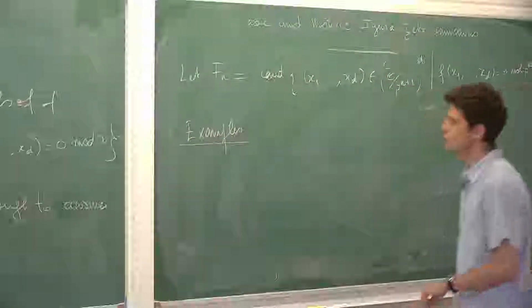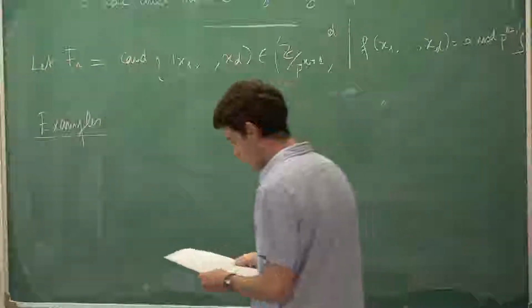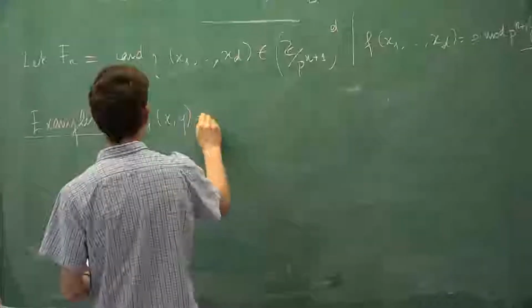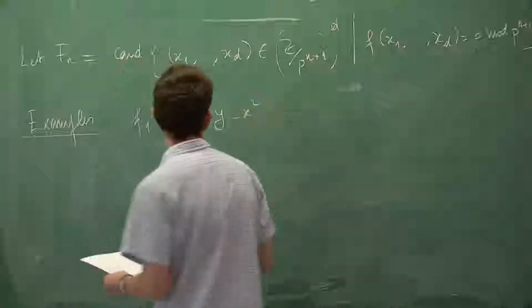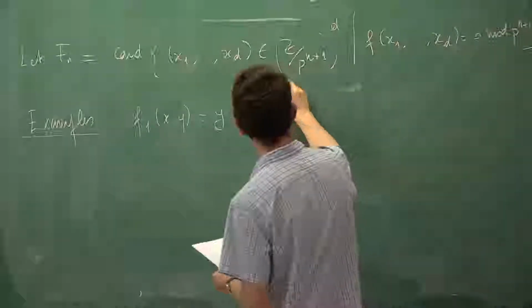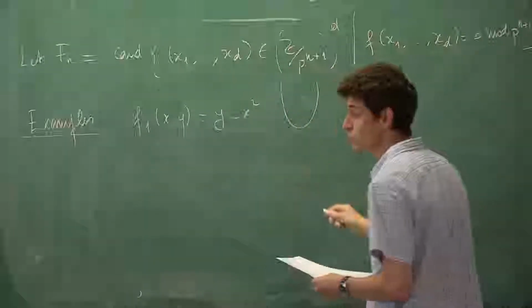And we can start with some examples of computation of this Fn. So for instance, you consider a parabola. So you have a parabola, so this is a smooth curve.